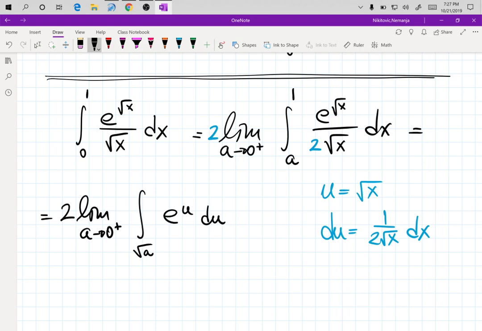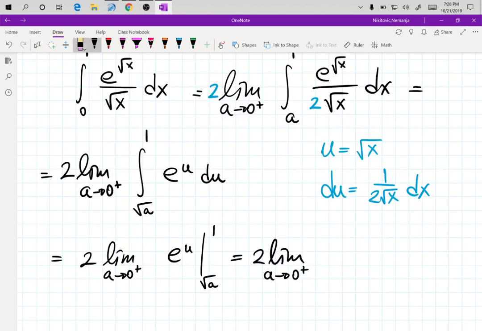So 2 times the limit as a goes to 0 plus, integral of e to the u is e to the u, computed from root a to 1, which is 2 times the limit as a goes to 0 plus, and I have u is 1, so e to the 1, which is just e, minus e to the root a.